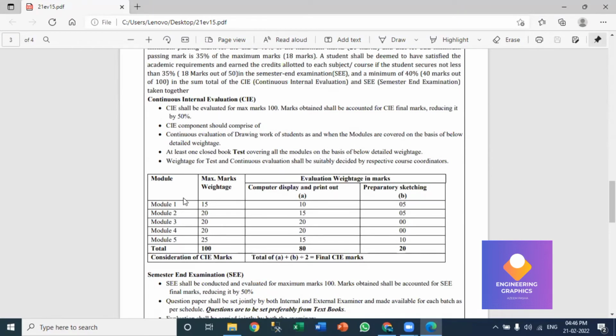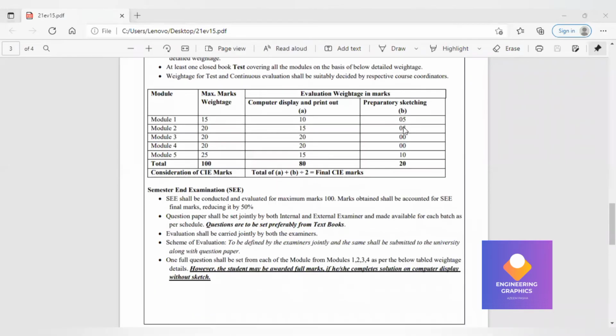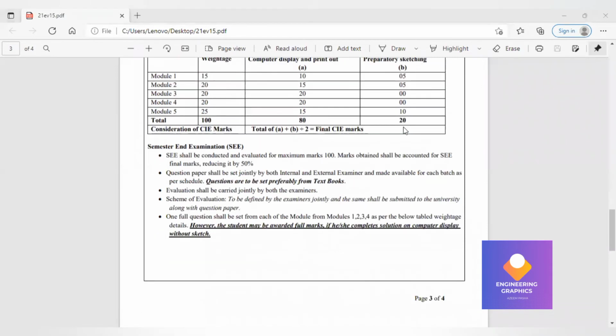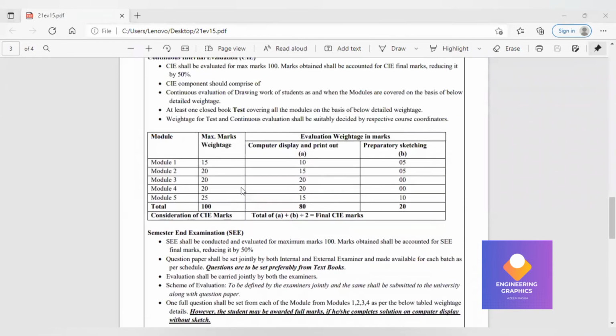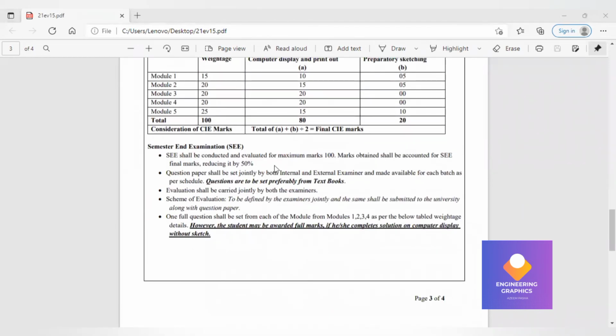For computer display this time they have given more marks compared to sketching. For module 1 it is 15, module 2 is 20, module 3 is 20, module 4 is 20, module 5 is 25 marks. So for internal we should consider questions from all 5 modules.